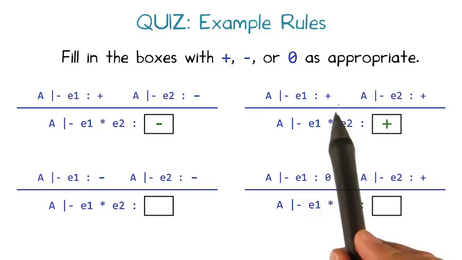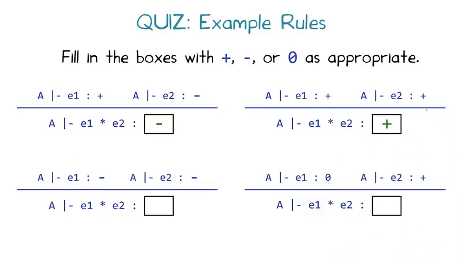Further, a positive number times a positive number should be positive, and so we write the abstract value of this expression as plus. Similarly, a negative times a negative is positive, and so we write the abstract value of this expression as plus. Finally, 0 times a positive number, or for that matter even a negative number, is 0, and so the abstract value of this expression is 0.